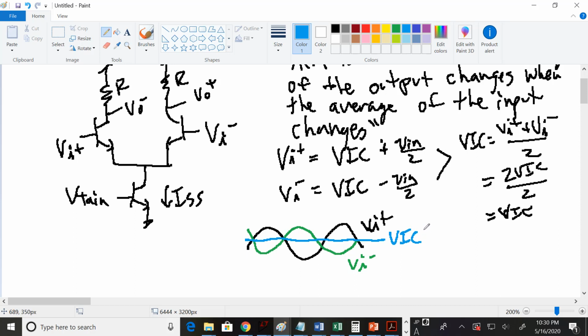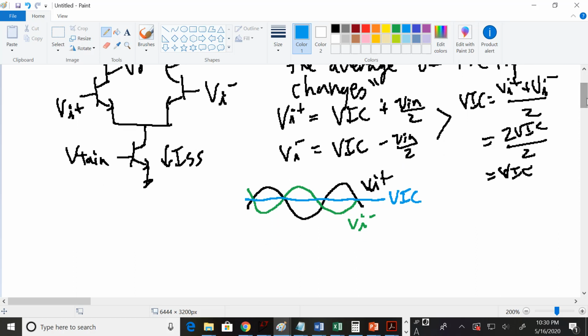Okay. And then on the output, you can draw the exact same picture, except everything, instead of an I, it's an O. So it would look the same.